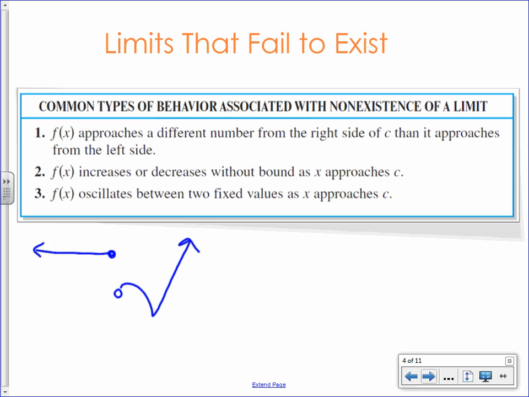If this is x is 2, the limit as x approaches 2 fails to exist because from the right and left we're approaching 2 different y values. So this is an example for 1.